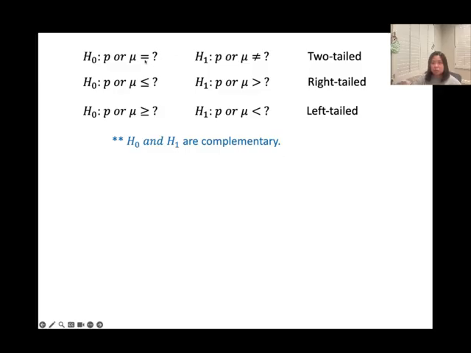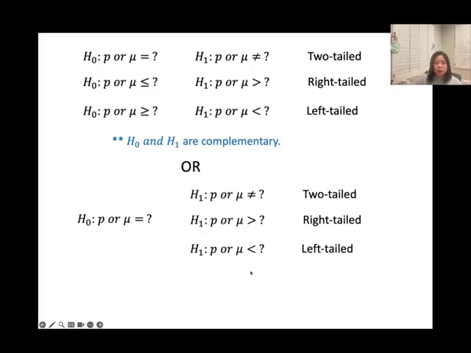If the null is an equal, then the alternate hypothesis will be not equal to. When you have less than or equal to, then your alternate hypothesis has to be strictly greater than. When you have greater than or equal to, then your alternate hypothesis will be strictly less than. So this is always a pair because they are complementary.